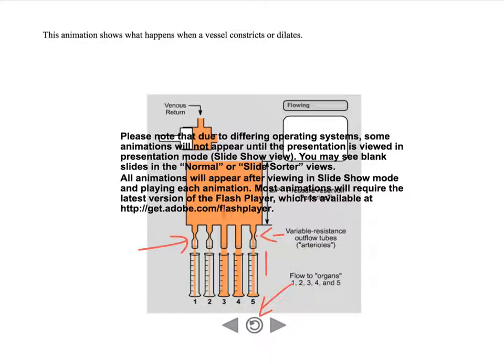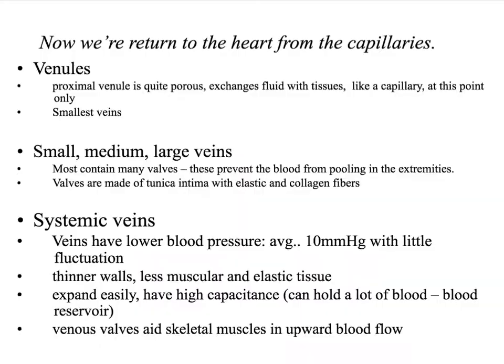If they're open, the blood will travel through them quickly. It'll just flow. If they're open, blood flows through. If they're closed, it doesn't. But you can see that animation if you look at this as PowerPoint slides.